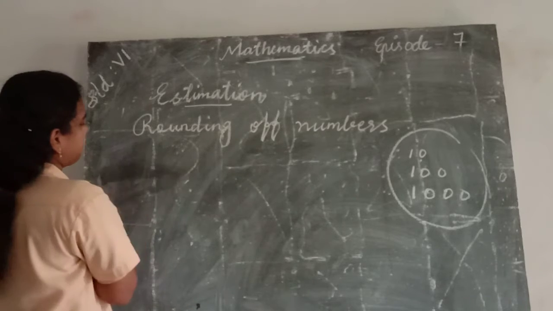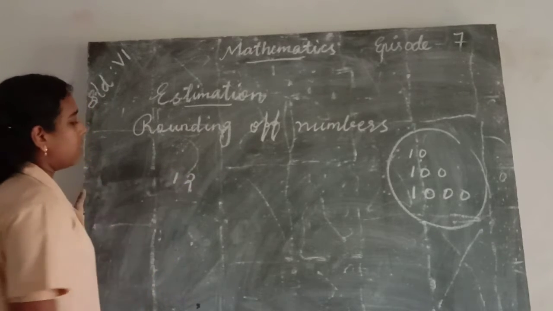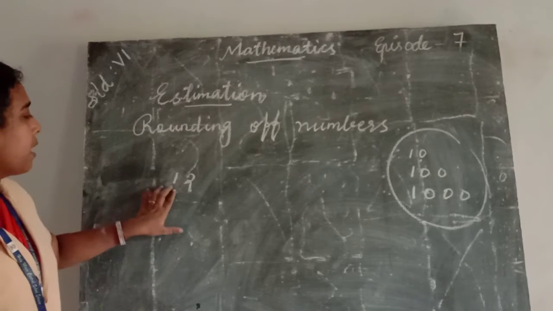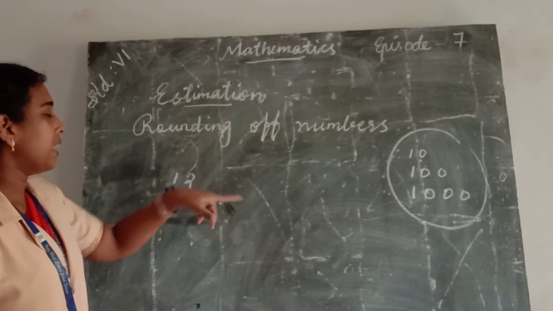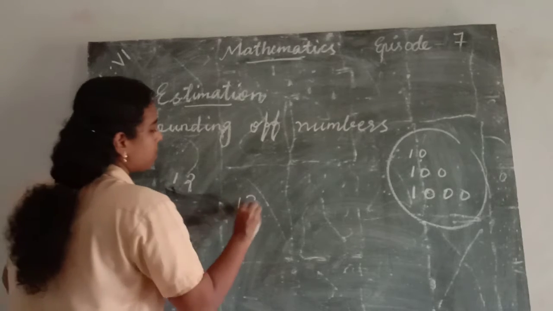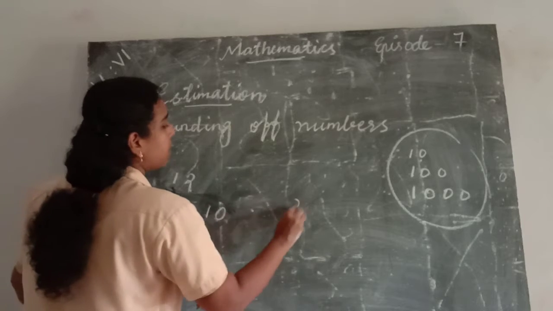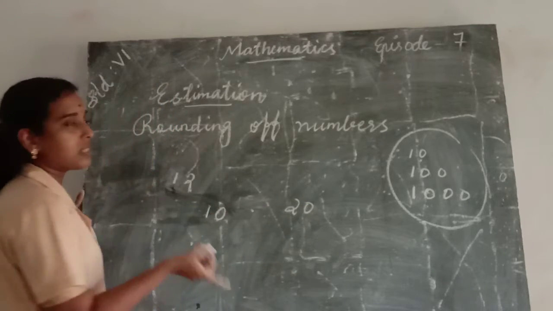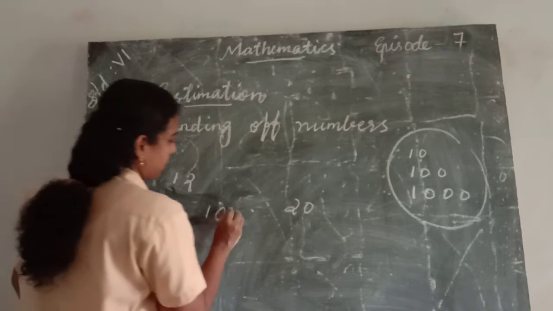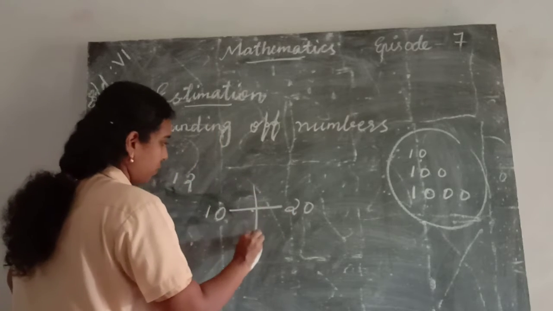Here, I write a number 12, which can be estimated to the nearest 10. So 12 comes between 10 and 20, and in 10 and 20 the middle point is 15.